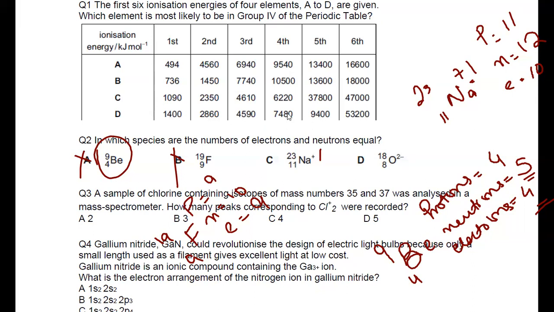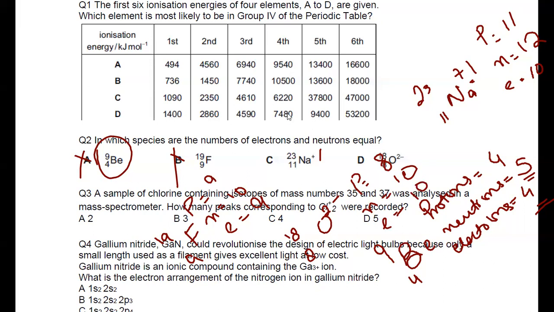Now option D, oxygen, O2 minus. Khadija, how many protons? 8. How many neutrons? 10. How many electrons? 10. Yes. How is it 10? The charge is 2 minus.